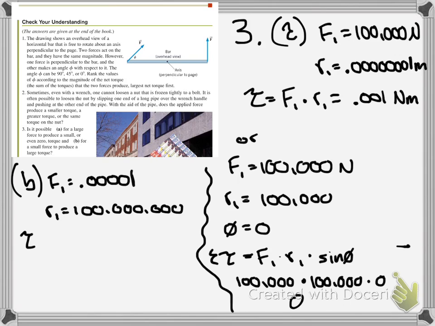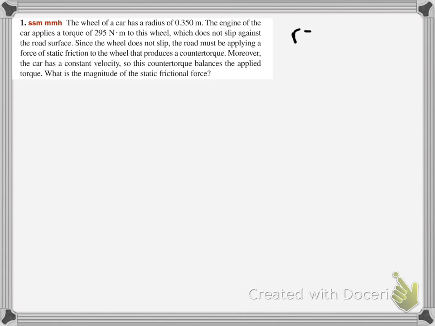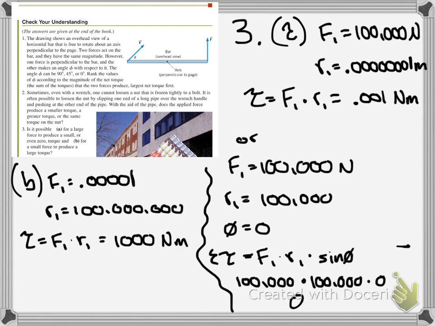Well, torque is equal to F times R, so if you multiply those two odd values, by odd I mean weird, I don't mean like odd or even, you get that it's 1,000 Newton meters. So it is possible for a small force to produce a large torque.